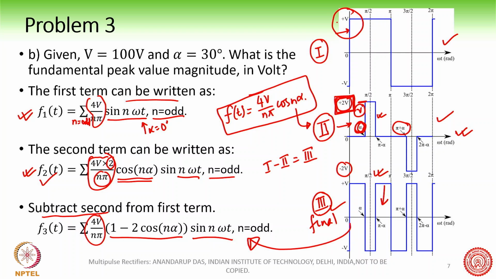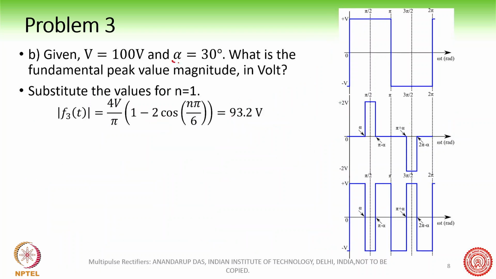Now we put in the values of alpha and v which we have been given, and substitute n equal to 1 because we have been asked for the fundamental peak value, and this comes out to be 93.2 volt. Okay, so this completes another problem.